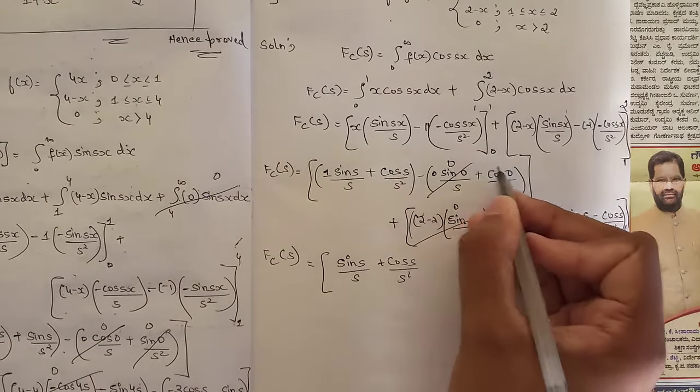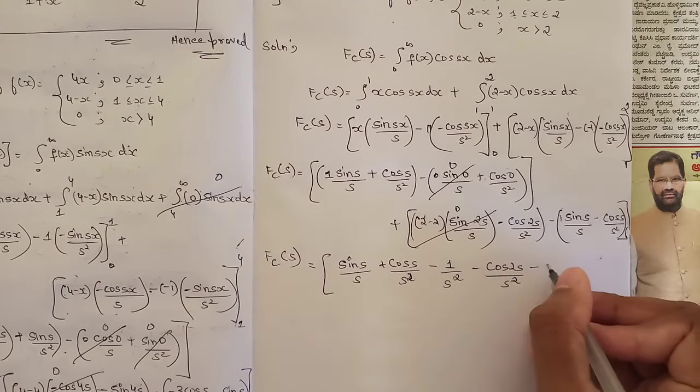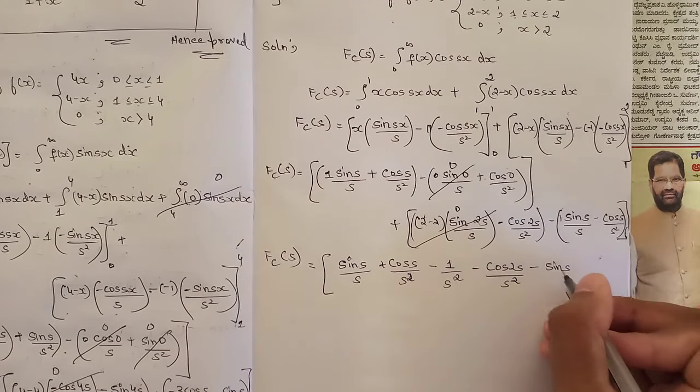So minus 1 by s square, plus into minus is minus, so minus cos 2s by s square, again minus sin s by s, minus into minus plus cos s by s square.